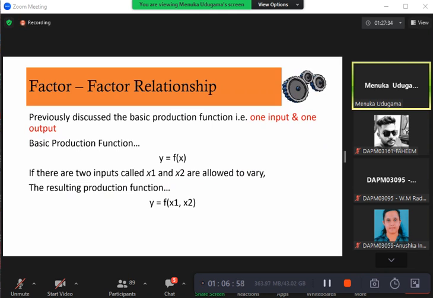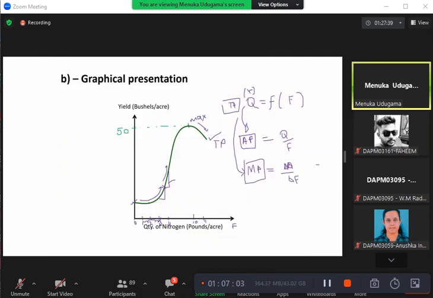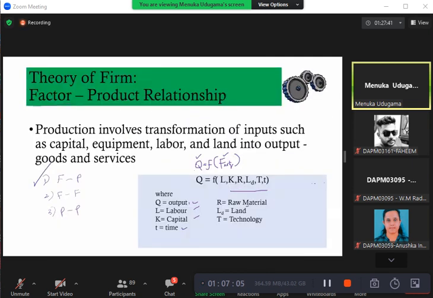Right. And then, so that's about the factor-product relationship. Now we will look at the other type of relationship, which we call the factor-factor relationship.